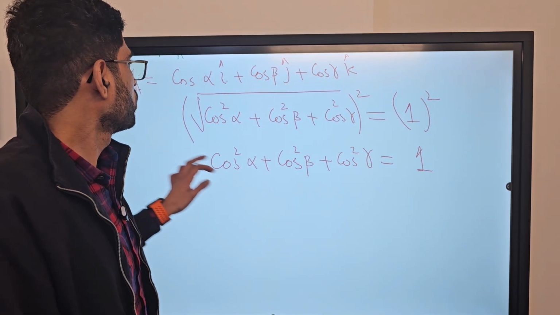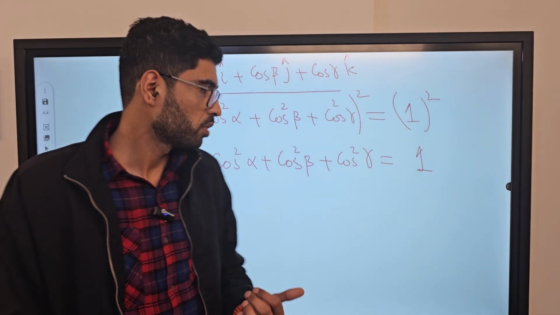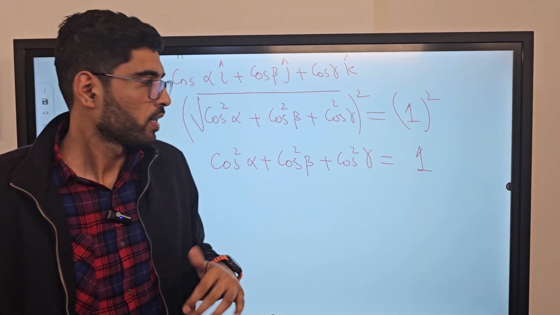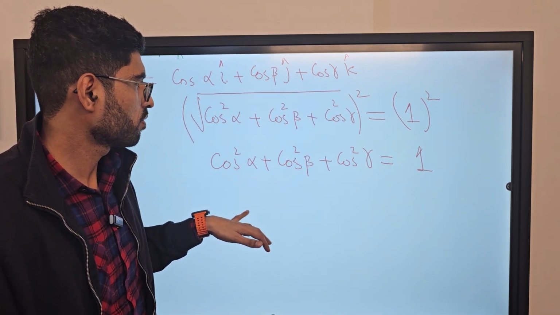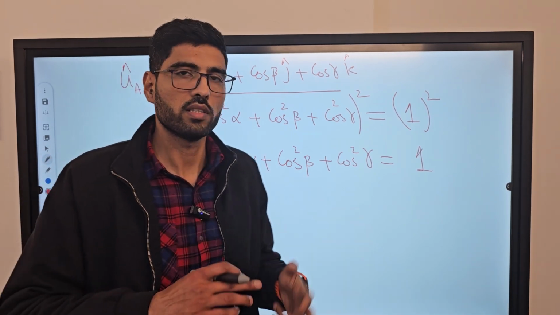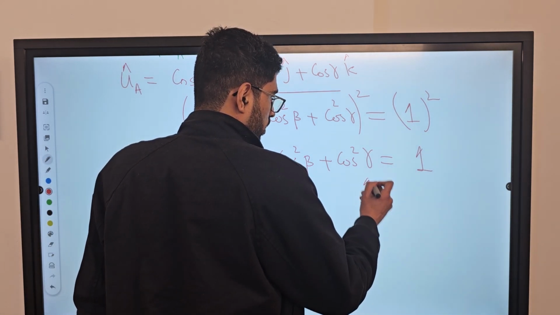So if we are given a unit vector, its components will always be cos alpha, cos beta, cos gamma. And if in a given problem we are given the alpha and beta angles, and not the gamma angle, we can always find the third angle using this equation.